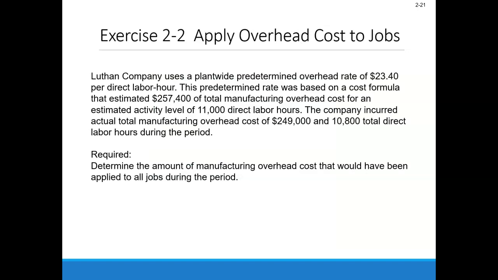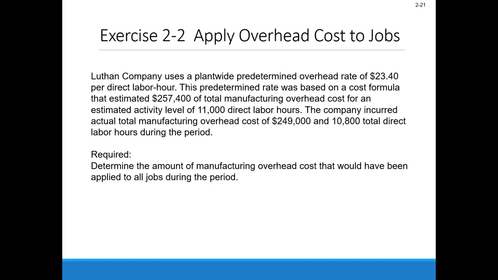Here's another example. Luthen uses a plant-wide predetermined overhead rate of $23.40 per direct labor hour. This predetermined rate was based on a cost formula that estimated the total manufacturing overhead of $257,400.